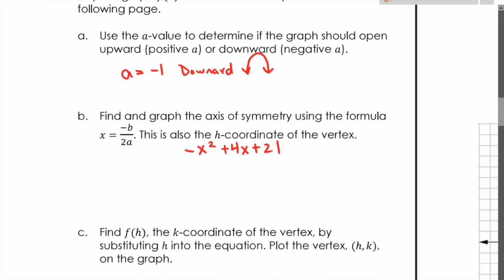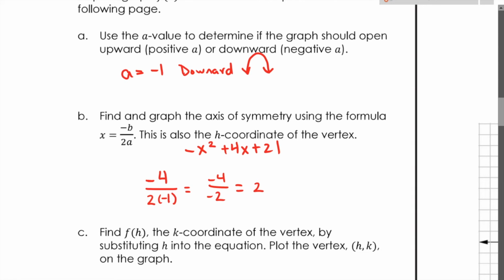The formula says I take -b, so I have a negative, and my b is 4. Then I put that over 2 times a. A is -1. So I have -4 over 2 times -1, which is -2. A negative divided by a negative is a positive.